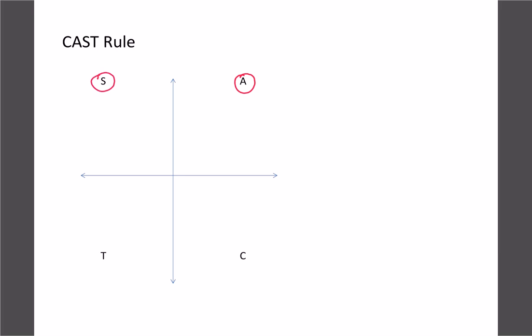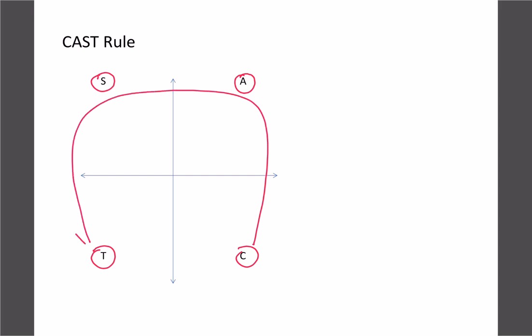The S stands for only the sine is positive. Here the tan is positive, and then in our quadrant 4 the C is positive. So we call it the CAST rule, but we start in the bottom corner and go C, A, S, T around in that direction. So here the cosine is positive, here the sine is positive, here the tan is positive, and here all of them are positive.